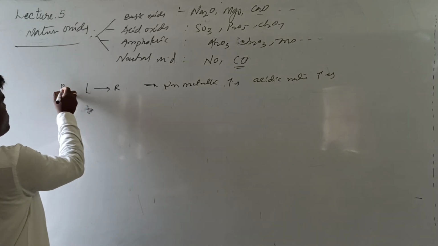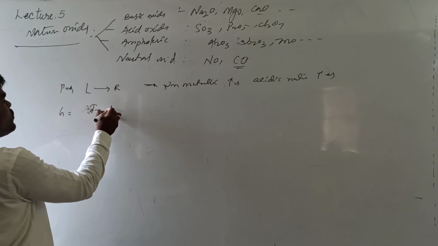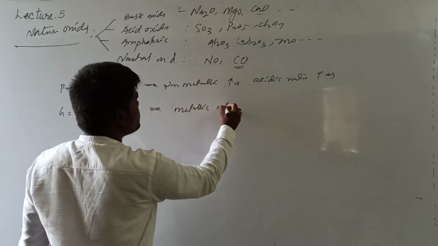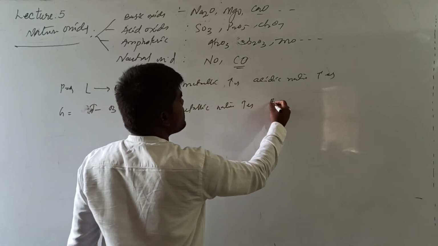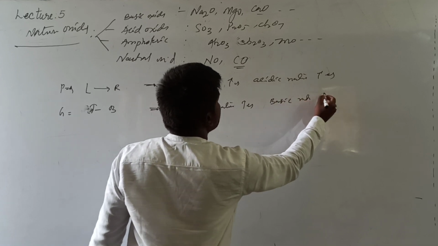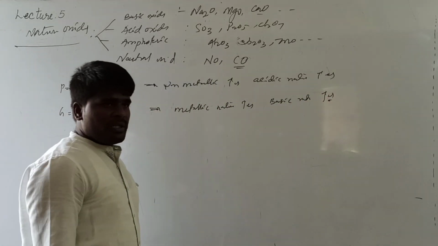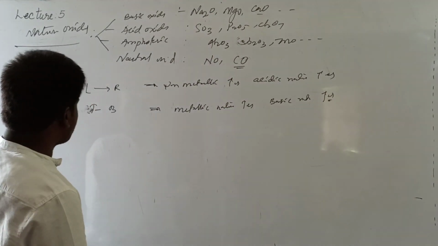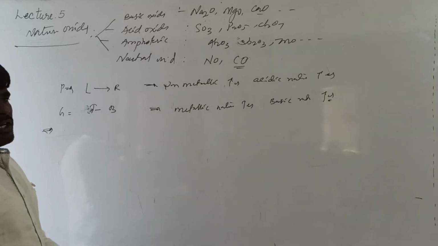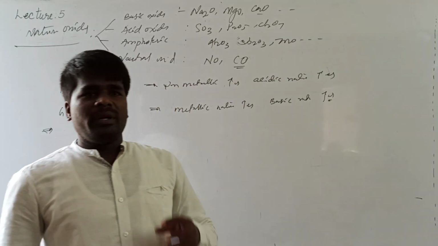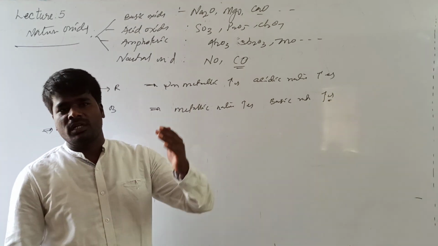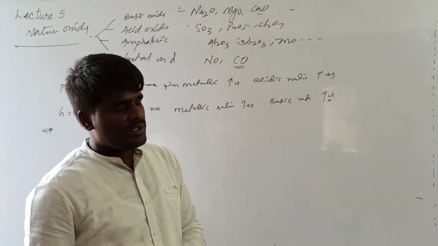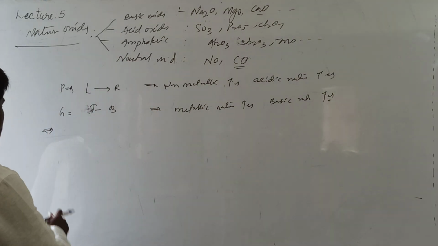When you are going top to bottom in a group, metallic nature increases, so basic nature increases. This also applies to electropositive or metallic nature. Metallic nature means the tendency of losing electrons, which increases from top to bottom in a group and decreases from left to right. These are some periodic properties.